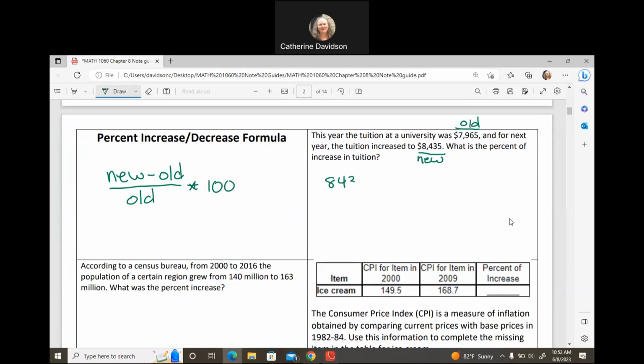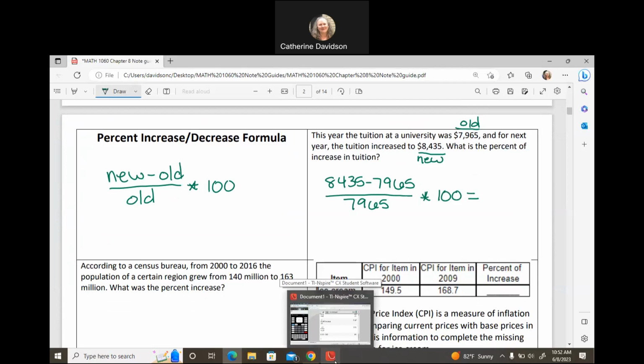I'm going to plug these values in. And when we multiply by 100, it's just going ahead and converting it to a percentage for you.